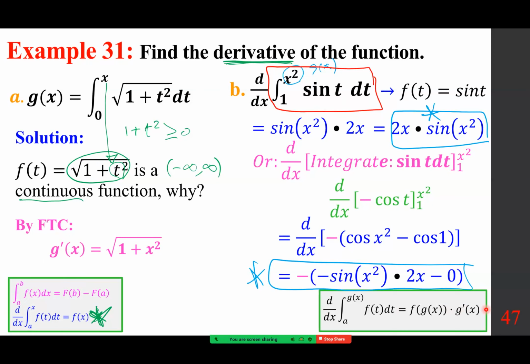That's the theorem. So again, in short, if you're taking the derivative of the integral and the bottom is a number, the top is x, you just replace it with the variable. But if the top is a function of x, you replace it with that top function and then times g prime by the chain rule.